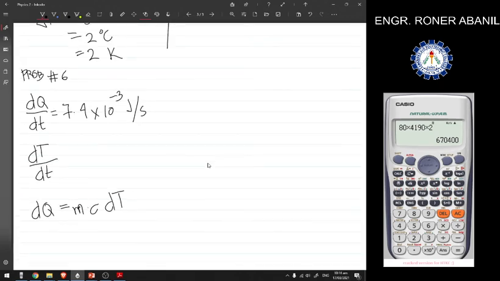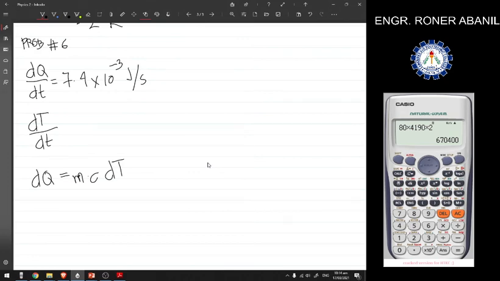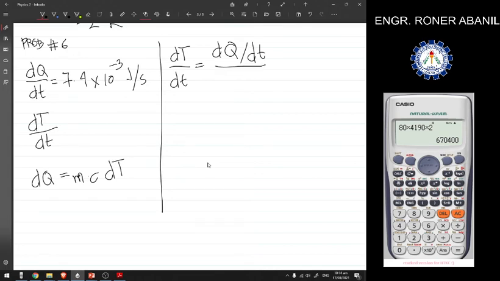So, here, what happens is dT, the derivative of temperature over the derivative of time, is now equal to the derivative of Q over the derivative of time, over mc.